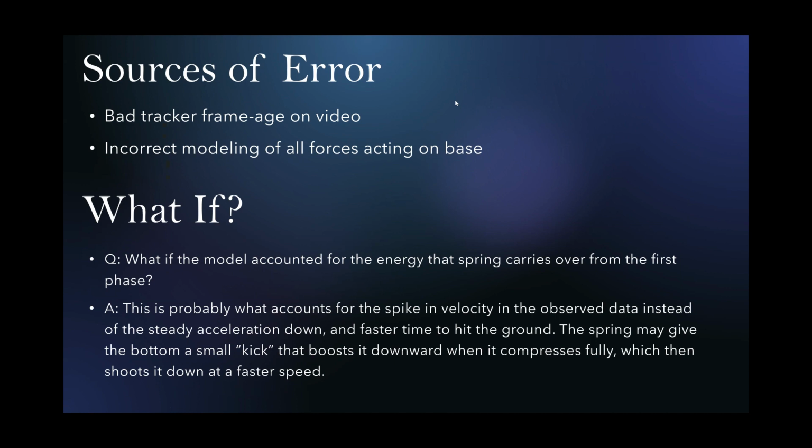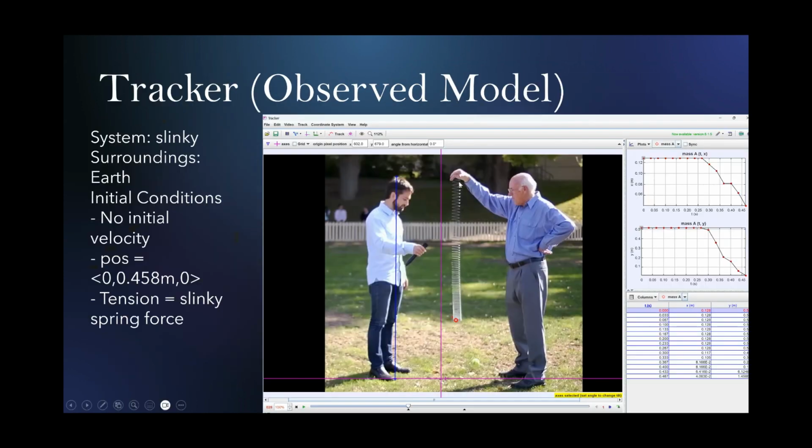And so our what-if question is: what if the model accounted for energy that the spring carries over from the first phase? In the first phase, as I talked about before, the slinky compresses while the base hovers, and then in the transition from the first to the second phase, the slinky starts falling. But what I'm saying is that the energy the slinky has when it's compressing, it over-compresses and then will give the base of the slinky a little kick.